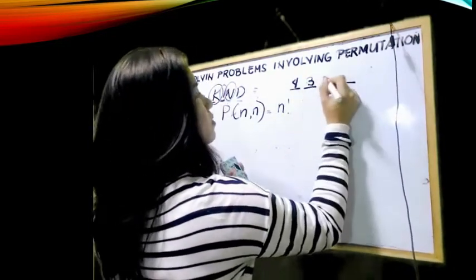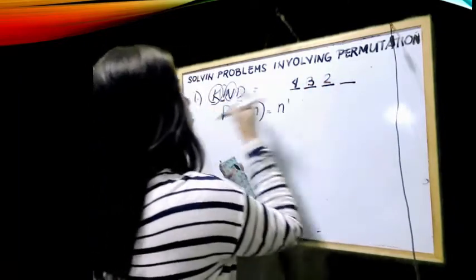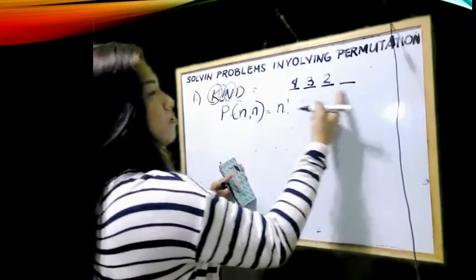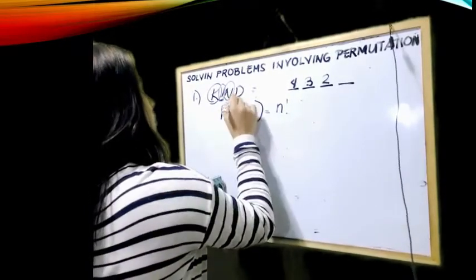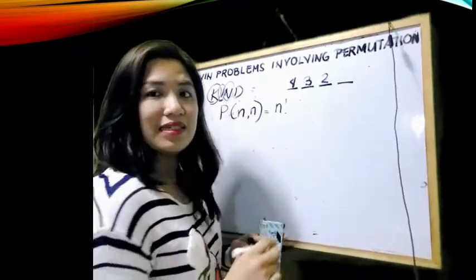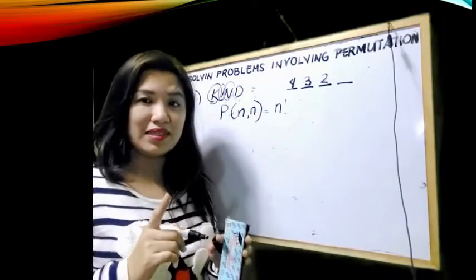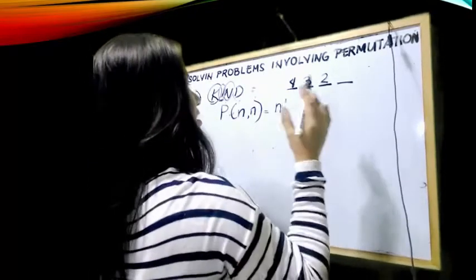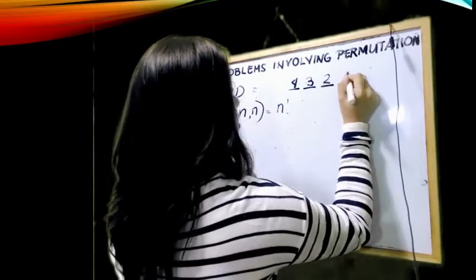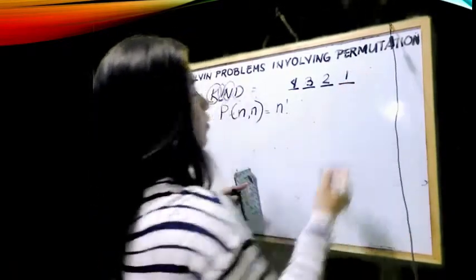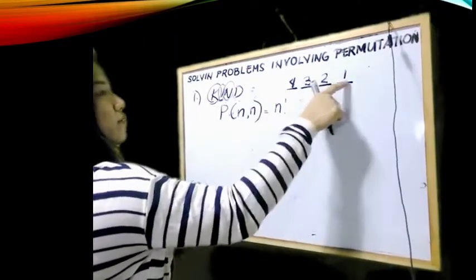So there are only 2 possible options for the N. Then what will be left is the letter D. The letter D, since it is the last letter, doesn't have a choice, so it has to be positioned here at the last one. So it only has 1 possible way, so that's why we have here 1.